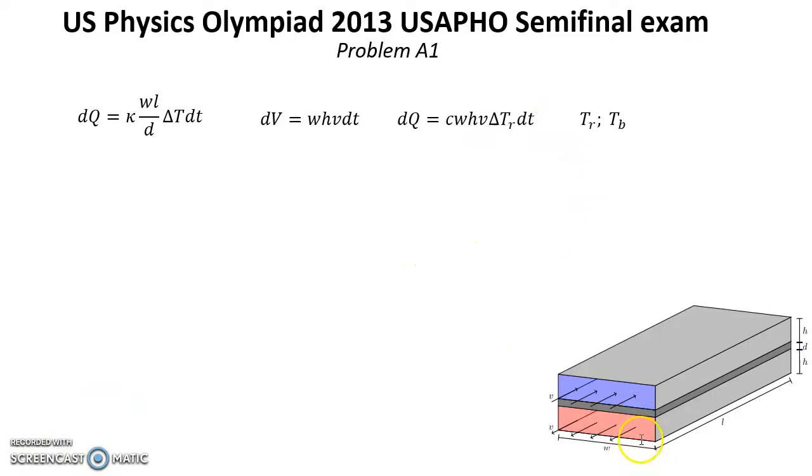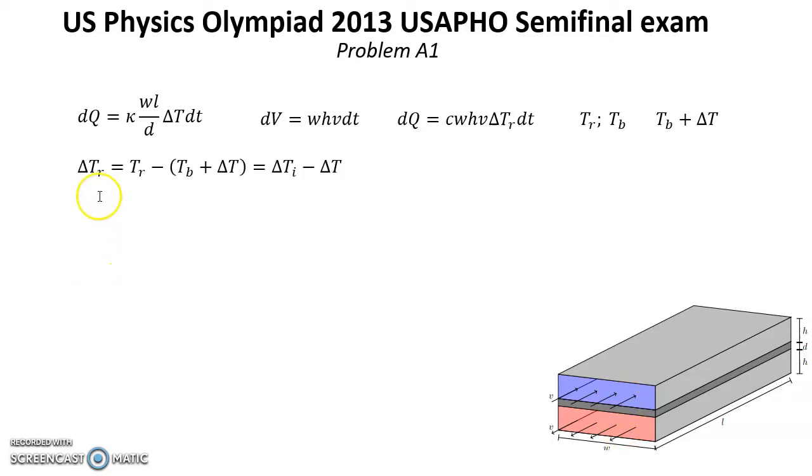Now suppose that the red liquid enters this pipe with the temperature TR, and the blue liquid enters this pipe with the temperature TB. It means that the red liquid leaves this pipe with temperature TB plus delta T, where delta T is the common temperature difference between red and blue liquids.